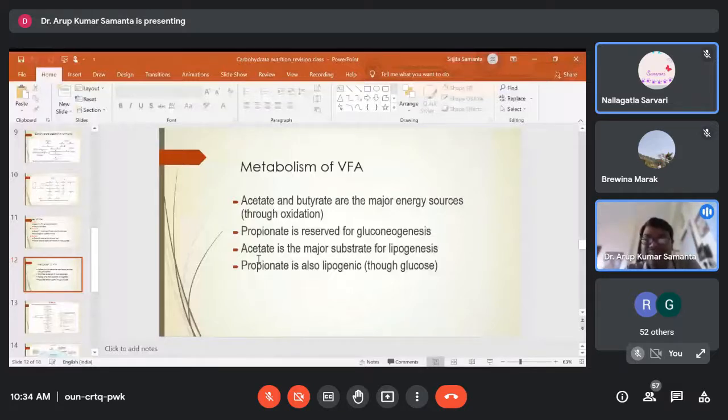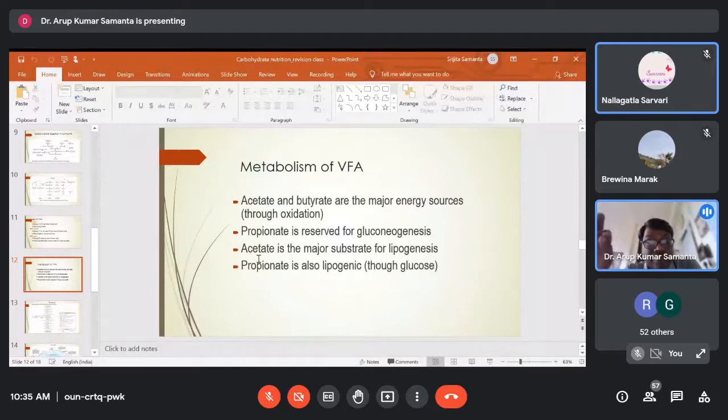Yes, there are some changes. Acetic acid is not converted to any other substance, but propionic acid is converted to pyruvic acid and lactic acid.